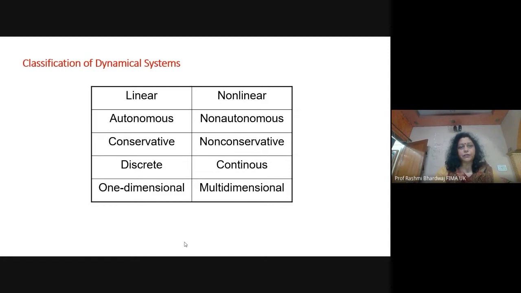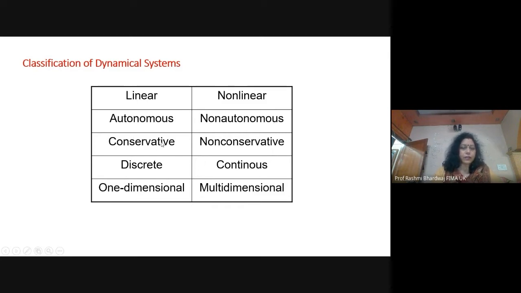If we have to classify the systems, there are majorly these types of dynamical system: linear or nonlinear. If it is linear, then it is an autonomous system. If it is nonlinear, then it is a non-autonomous system.